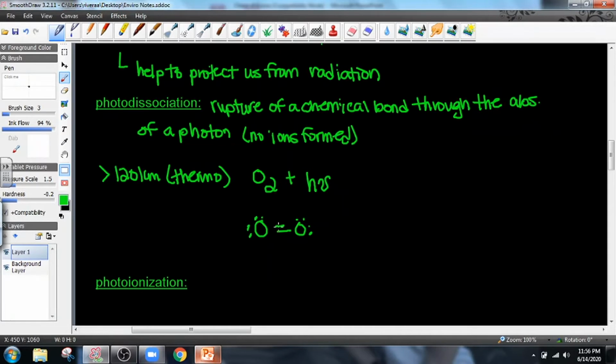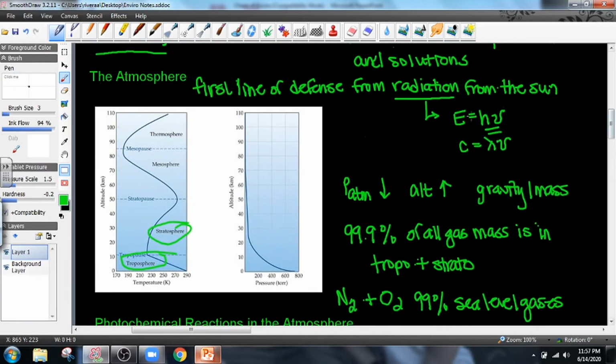Okay, so this double bond, if the wavelength of light is strong enough, in other words, if it's short enough wavelength, high enough frequency, high enough energy, can actually break this double bond. In fact, to break this double bond, you need 495 kilojoules of energy. And of course, we could plug that into our equation and solve for the frequency, and from the frequency solve for the wavelength.